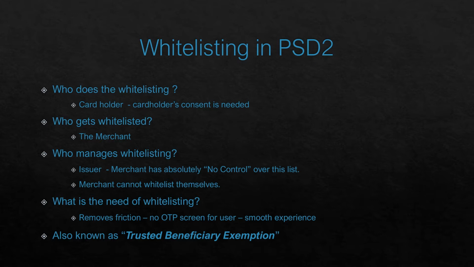The cardholder asks the issuer and says, yes, I am a frequent user of this particular merchant, and every time I place an order I don't want to face the OTP screen and go through a challenge every time, because I do it very randomly. So I want this merchant to be added in my whitelist so that next time I place the order I go through a very smooth flow.